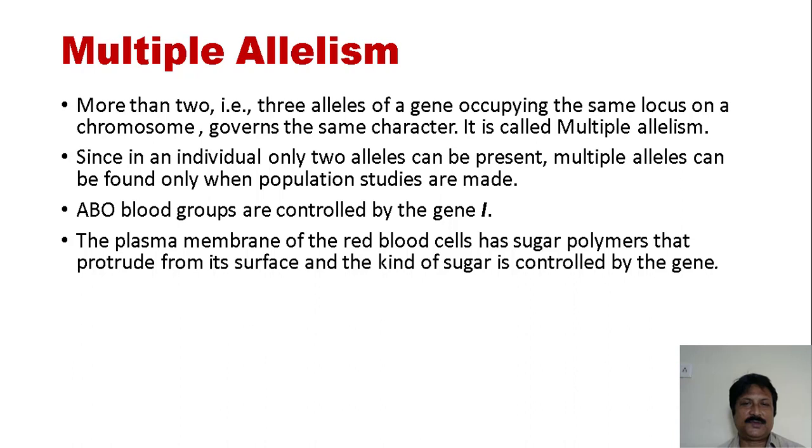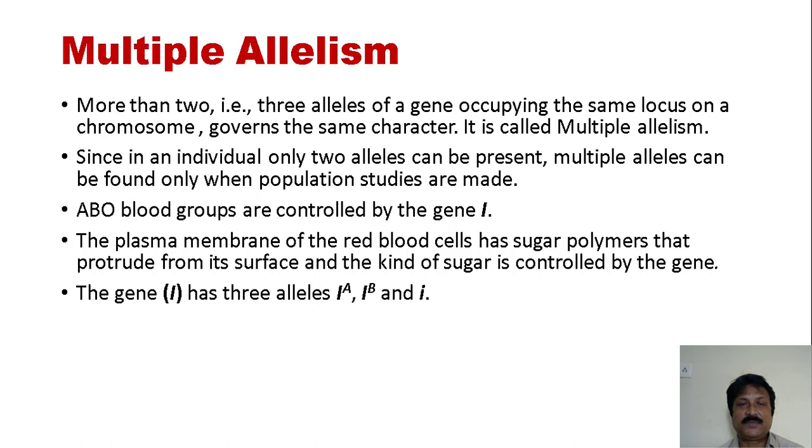The RBC plasma membrane has sugar on the surface, and this sugar is controlled by the I gene. The I gene has three different alleles: IA, IB, and small i.